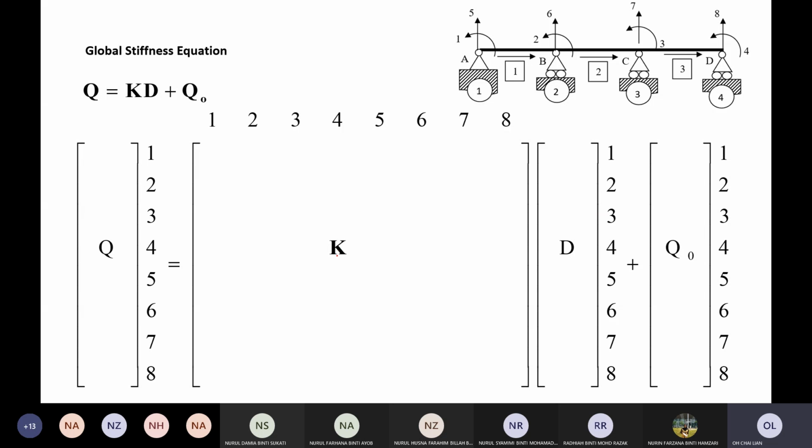We just need to determine a portion only. So we need to know where is the unknown displacement and where is the known displacement. You have partitioned them, right? It is partitioned between 4 and 5, so I draw a line here.